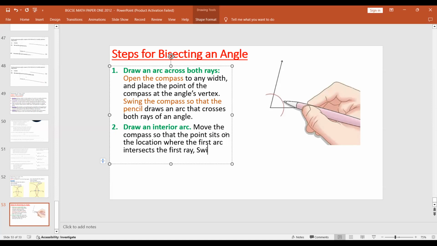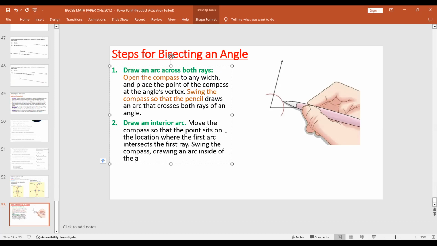Then you want to swing the compass, drawing an arc inside of the angle.